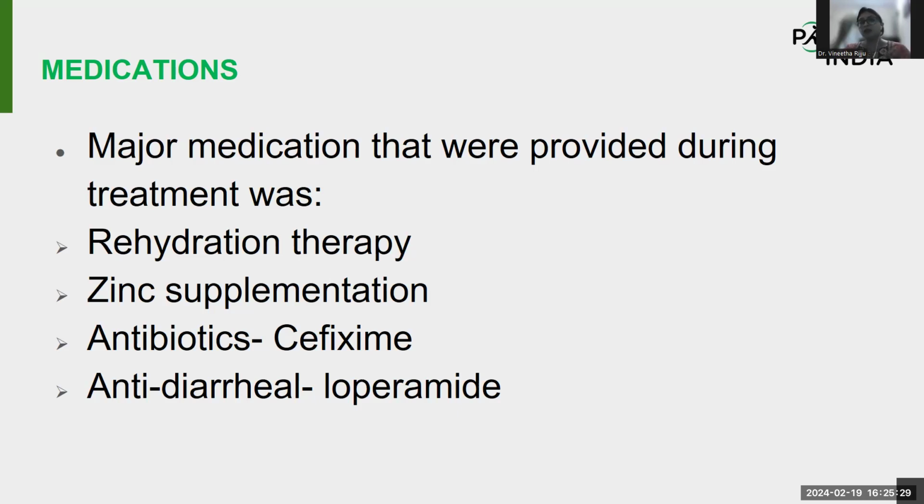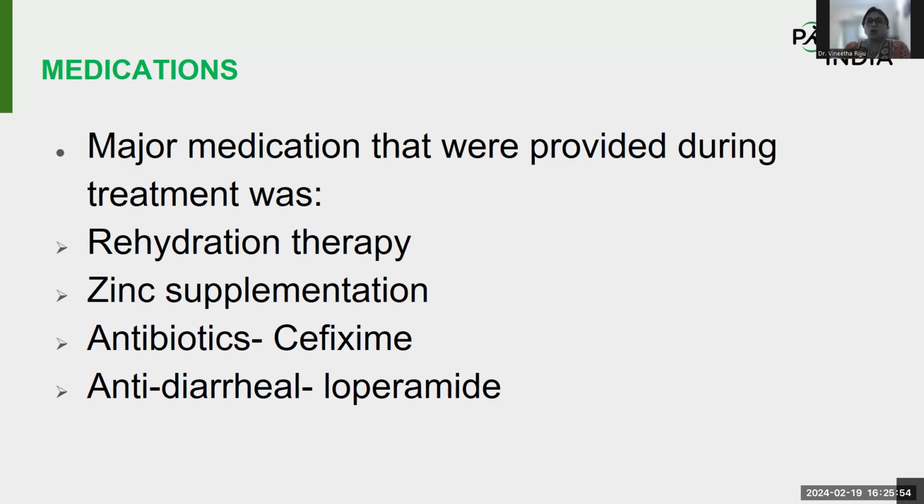So what you can do is there is something called racecadotril. Okay, racecadotril. It is available under brand names like Redotil or Enough, things like that. What happens is that it helps to increase the bulk of the stool, and therefore it helps to decrease the amount of stools.